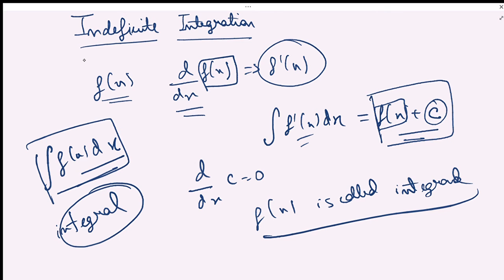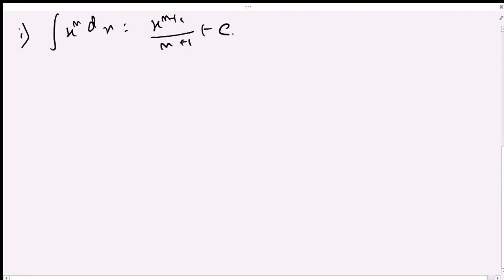So, okay, let me move down the page. Some basic integration formulas, I am starting from here itself. The first one being integral of x to the power n dx, which is given as x to the power n plus 1 over n plus 1 plus c, being a constant.